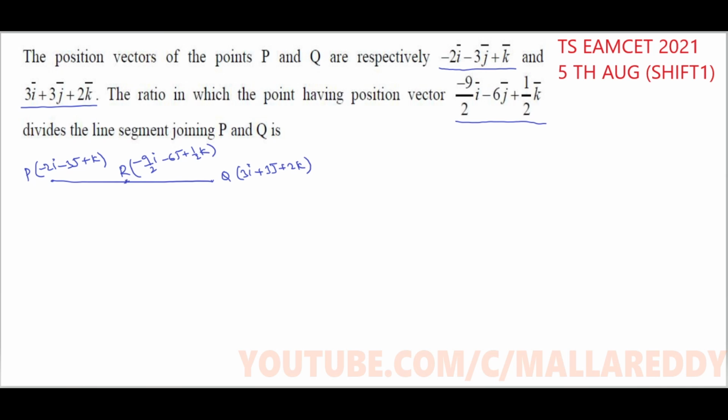Now the point R divides the line segment PQ in the ratio. P point is taken as x1, y1, z1. R point is taken as x, y, z. Q point is x2, y2, z2. Therefore, the ratio in which R divides the line segment PQ is x1 minus x is to x minus x2.